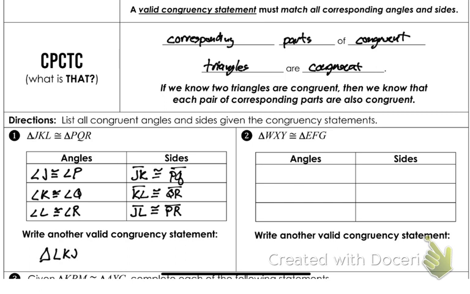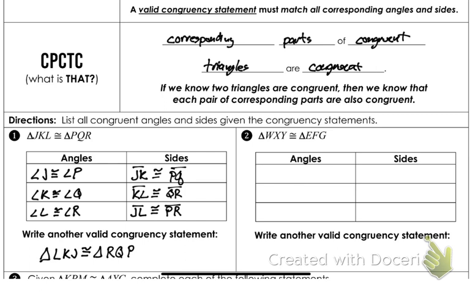I just have to pick another way to write this, realizing that if I jumble up the first one, the second one has to be jumbled up the same way. Well, it looks like I just flipped the L and J, right? So I'll just flip the P and R for the second one. L matches up with R, so we go R. K matches up with Q, so we put a Q. And what do we have? J. J matches up with P, so it's RQP.